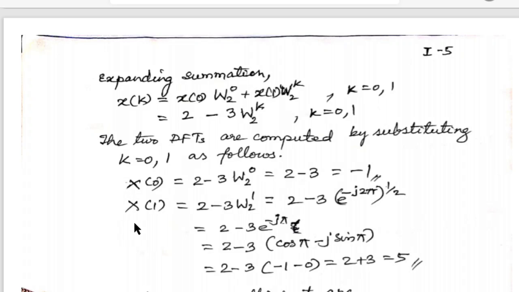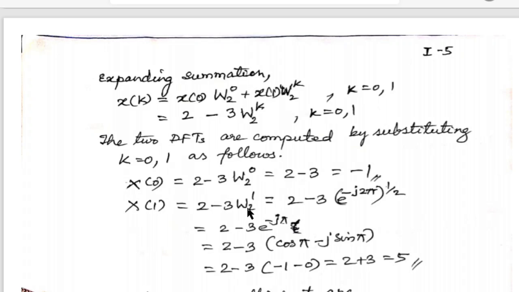So coming to the next value of the DFT sequence, k is equal to 1. So substitute k equal to 1 here in the expression of X of k. So I will have to write 2 minus 3 into W suffix 2 raised to k, which is 1 here.